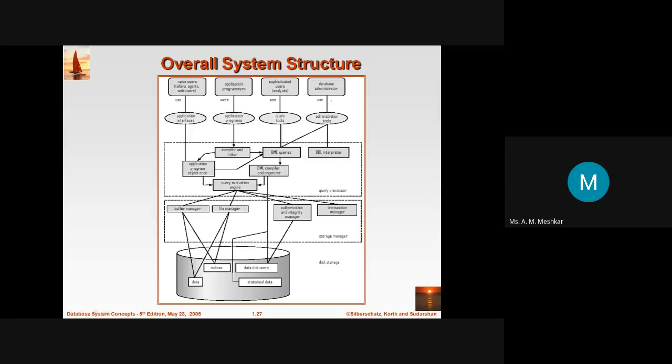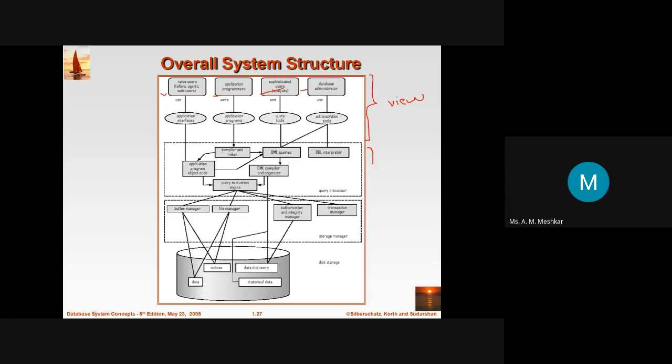Okay, this is the overall system structure. If I want to simplify it, this upper structure represents the view level. Various users are given here who can interact with the database.